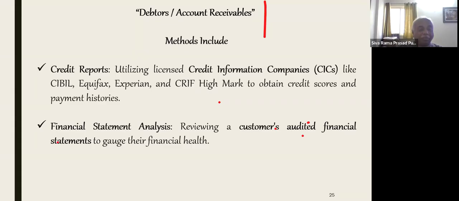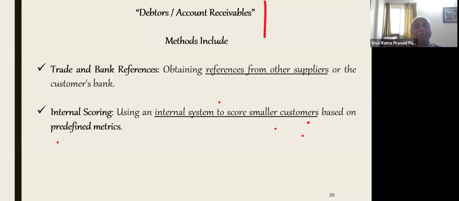They also review the customer's audited financial statements to gauge their financial health. Trade and bank references: sometimes while extending credit to other companies, they ask their bankers for the credit information report, obtaining references from the suppliers or customers of the bank.